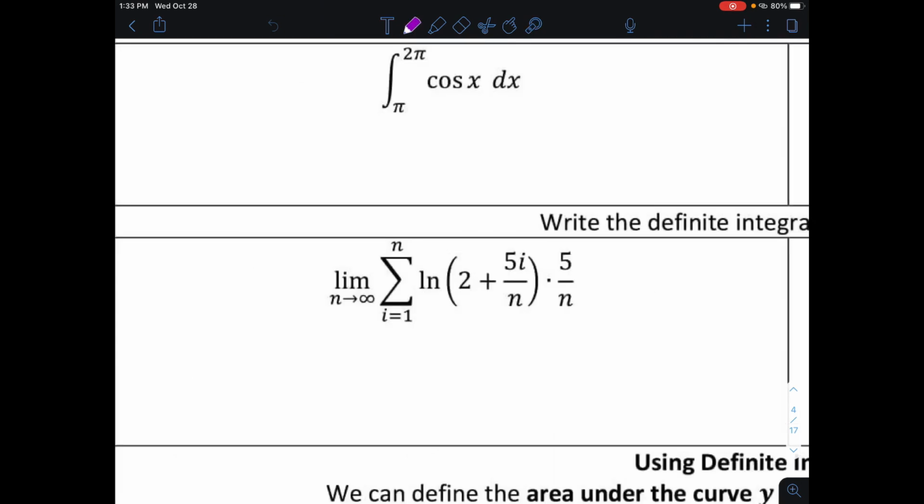Okay, we're looking at this first problem, where we have the definite integral from pi to 2 pi of cosine of x dx. Now, we're not trying to evaluate it. We're trying to write it as a limit of a Riemann sum.